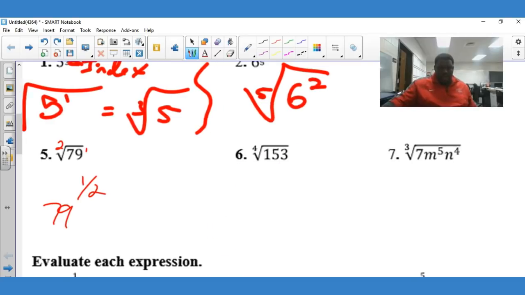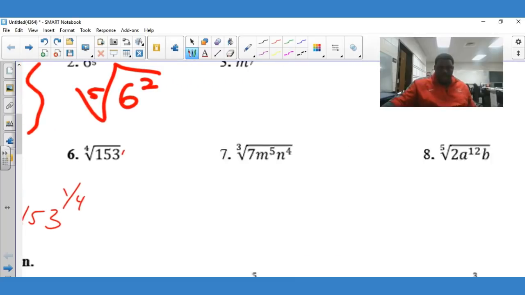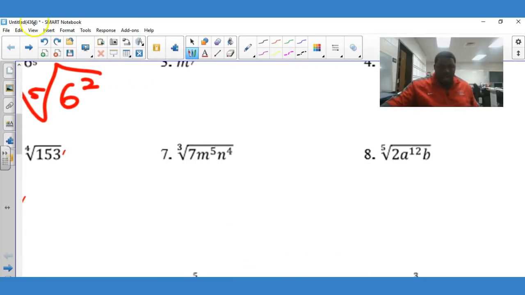Let's do this one. Right here, the index is 4. So you have 153 raised to the 1/4, because again, that power right there is 1. Over here, again, just look at it. This whole thing right here is the radicand, okay? So understand this.